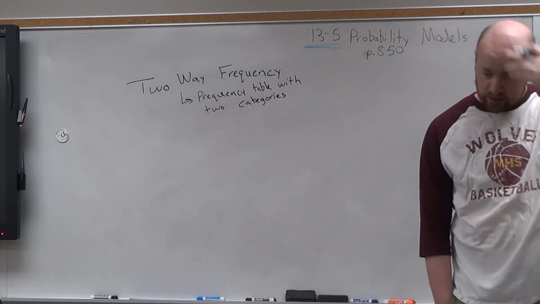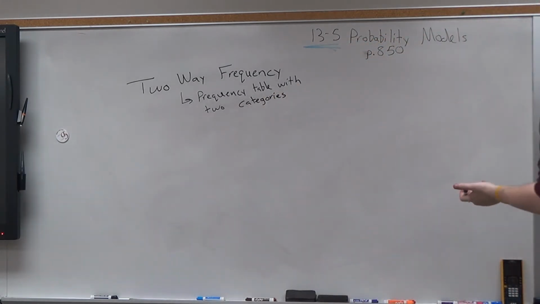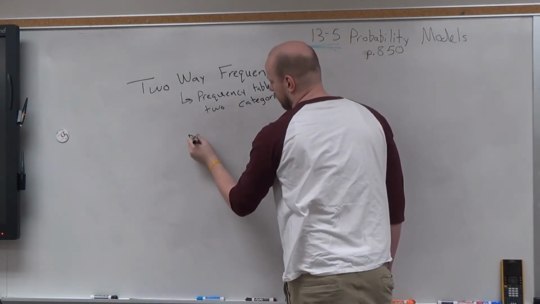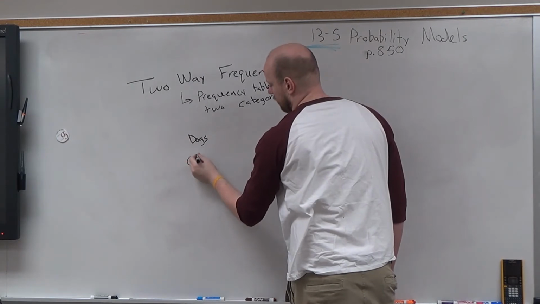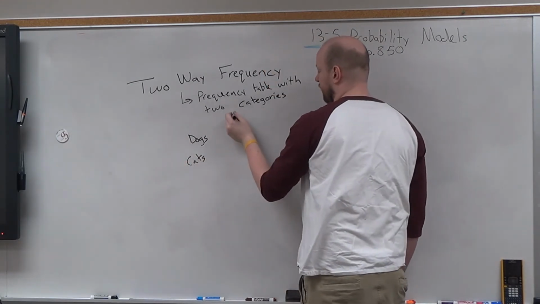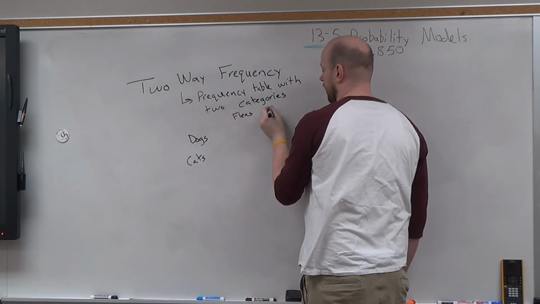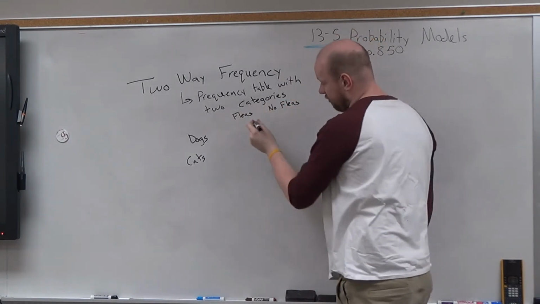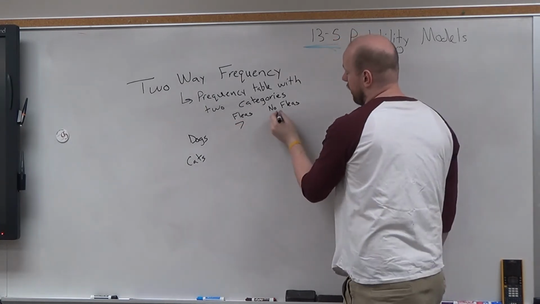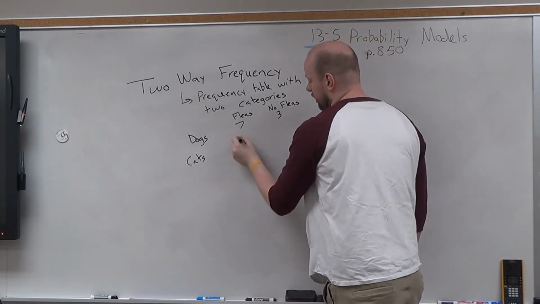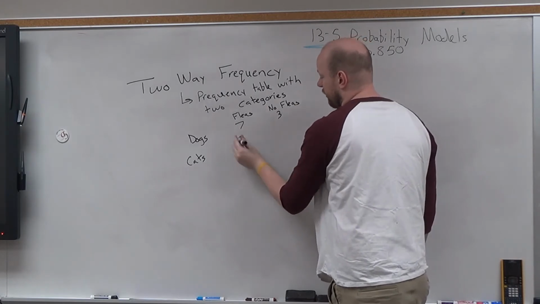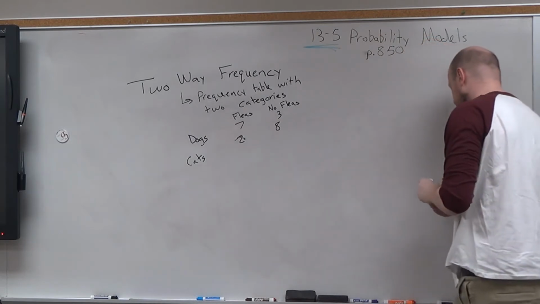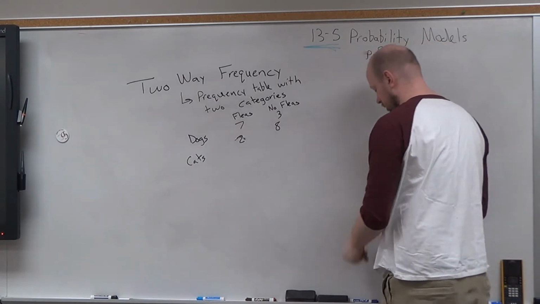An example would be dogs and cats who had fleas and did not have fleas. Let's say we had 7 dogs with fleas, 3 with no fleas. We had 2 cats with fleas, and then we had 8 without fleas. So this would be a normal set of data.